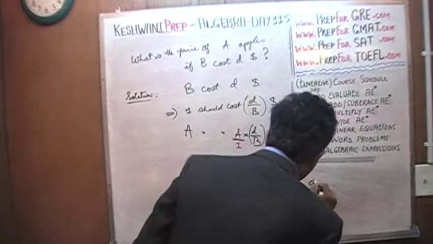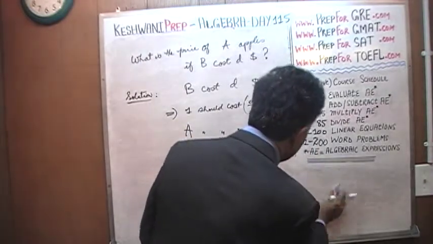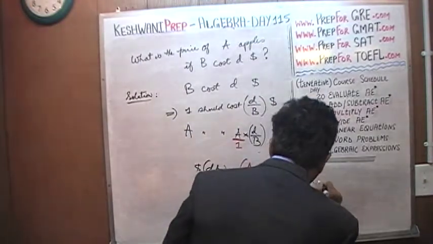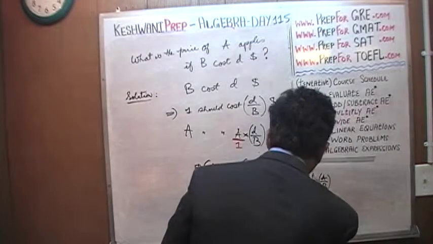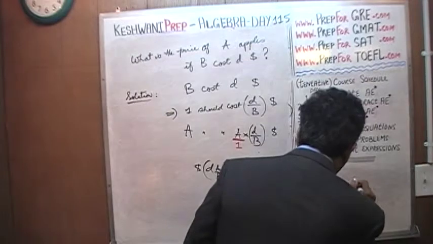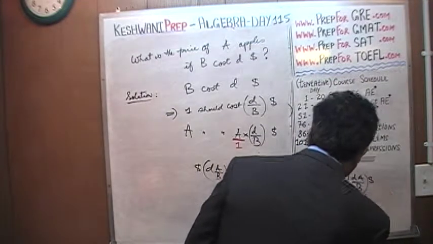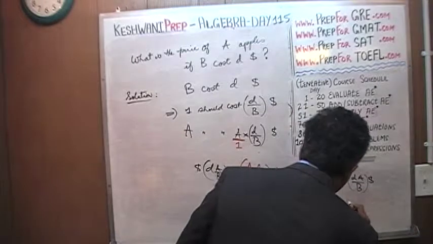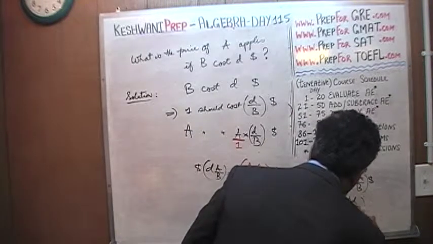Okay, so let's put it here. D times A over B dollars, or A times D over B dollars.